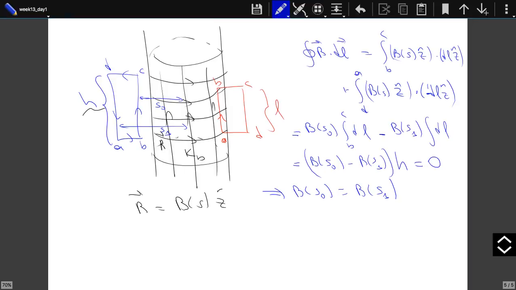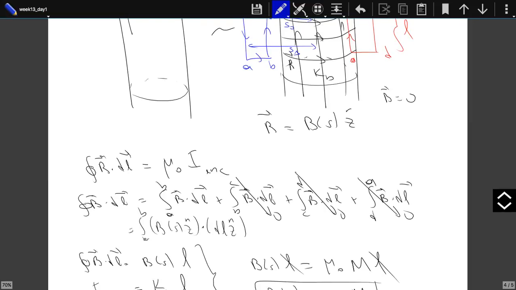Before, just due to the symmetry, we said that the magnitude cannot depend on phi, the magnitude cannot depend on z. But now we have shown that the magnitude outside the cylinder also cannot depend on s. It has to be the same. Well, if you go to infinity, it should be 0. So it should be 0 everywhere.